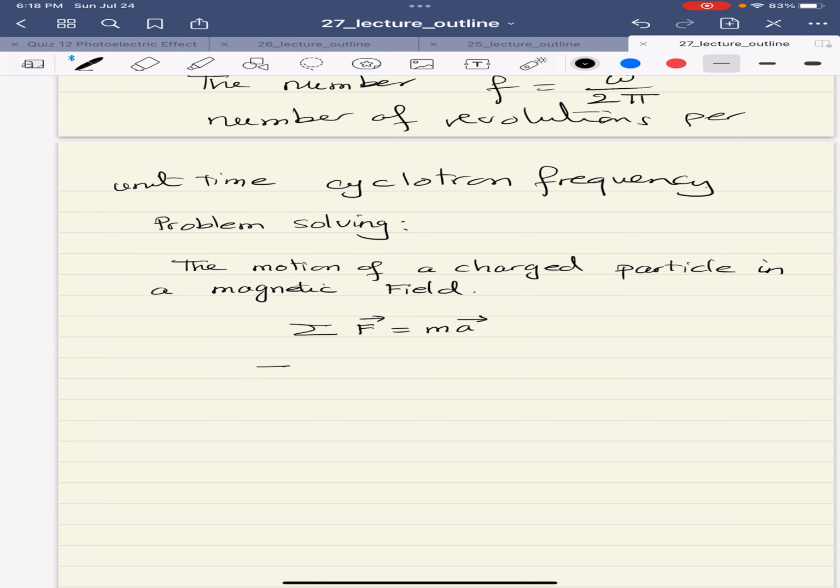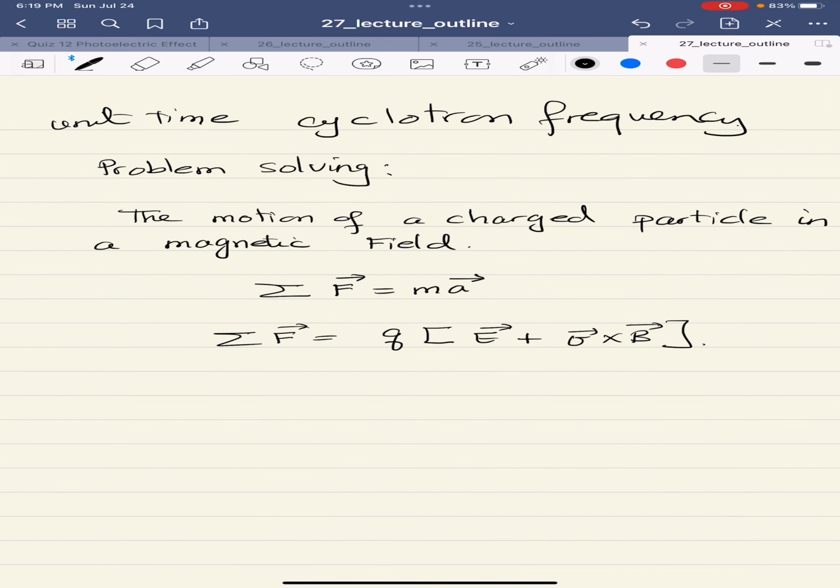The net force here can be calculated as qE plus qv cross B when we have both fields, a magnetic field and an electric field. If it is just magnetic, then you are going to use just qv cross B. If it is both, then you are going to include both.